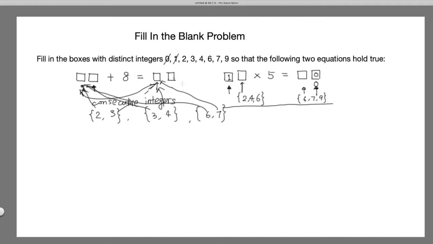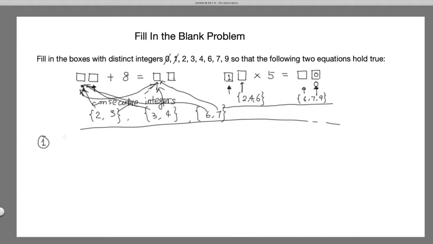These are the only 3 pairs of consecutive integers after you remove 0 and 1. We might be able to use those 2 constraints: this has to be consecutive, and here you have to use 2, 4, 6, and 6, 7, 9 here. But with those limited constraints, a clear way is just trial and error. So let's just do trial and error.